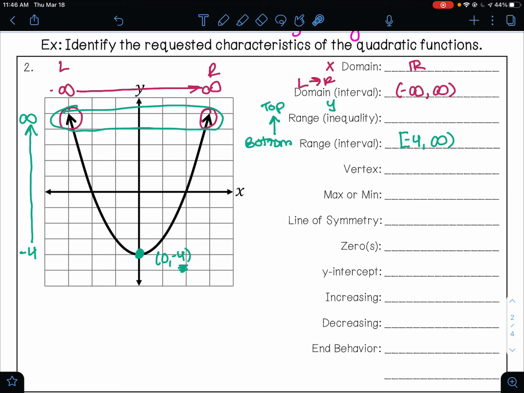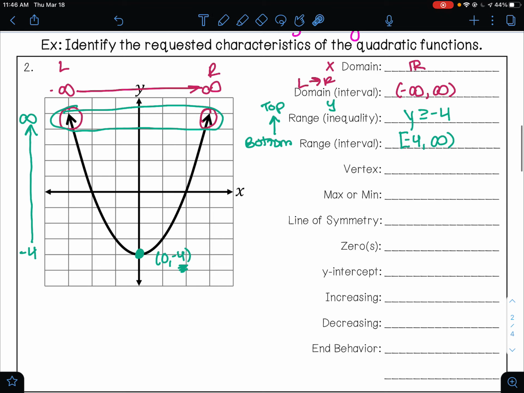-4 gets a bracket because it is included. It is on a solid line, and that is why it gets a bracket. Remember, your infinities always get parentheses because we can never get to infinity. As an inequality, this would be y is greater than or equal to -4.